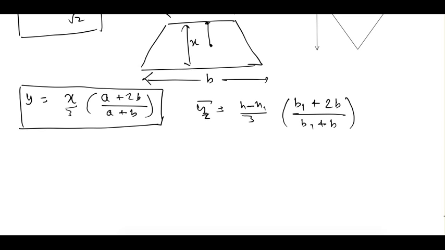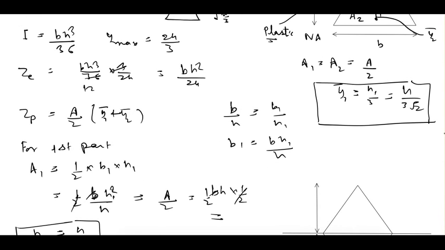Now for b1 we wrote this value, b1 is equal to b h1 upon h, and if we replace the value of h1 here, h1 we know is equal to h by root 2 divided by h, so that is equal to b by root 2.